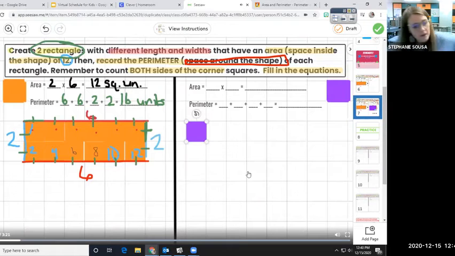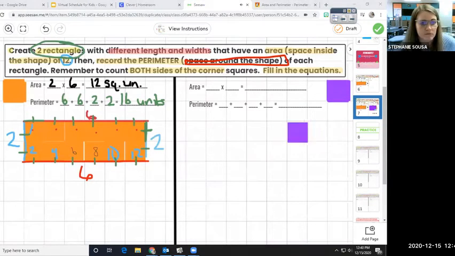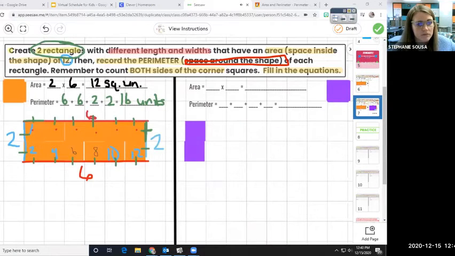When I made the last rectangle, I got rid of 1 as an option because I don't have 12 spaces in which to work. 2 has already been used, so now I'm going to think about creating a rectangle with a dimension of 3. So let's think about 3's. If I multiply by 3's, will I get to 12? 3, 6, 9, 12.